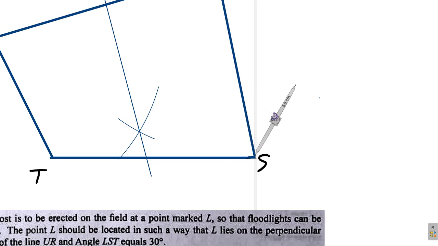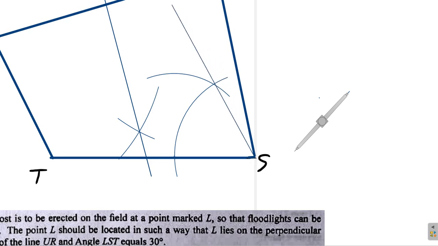We want to make a 60 degree, so swing an arc here, keeping the same radius. Put the compass point here, make another arc here. And then a line from S through the intersection of the arcs is going to be 60 degrees.